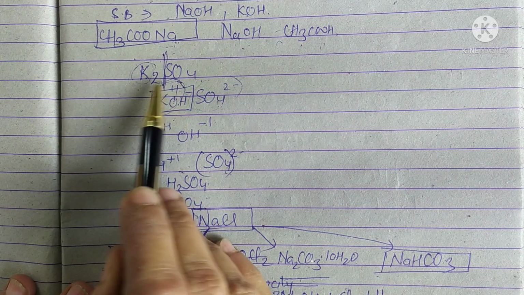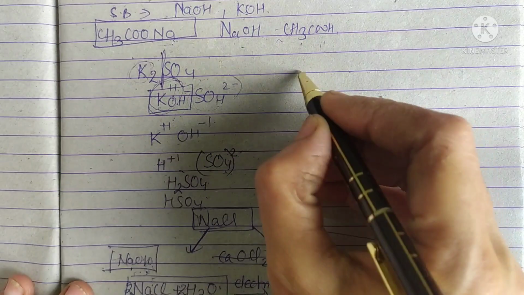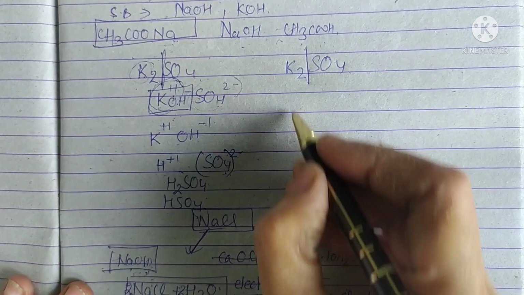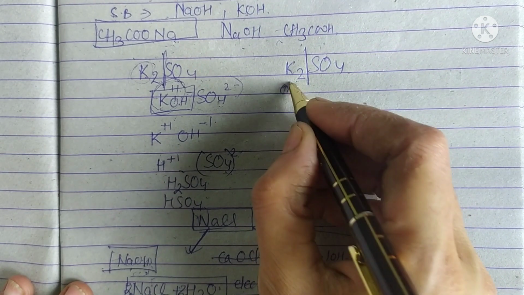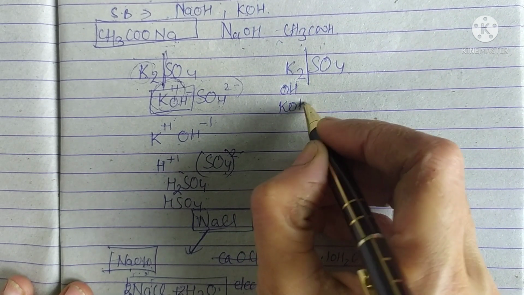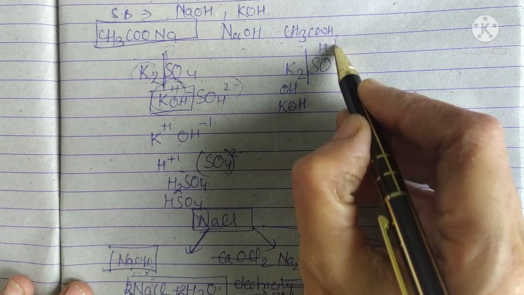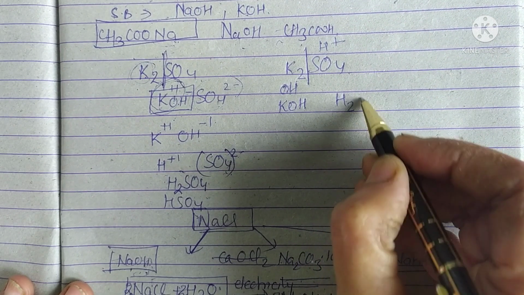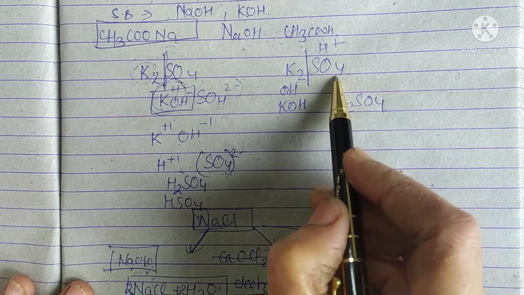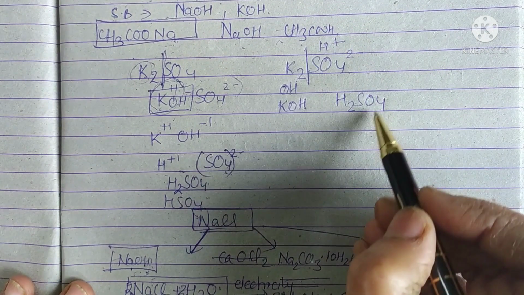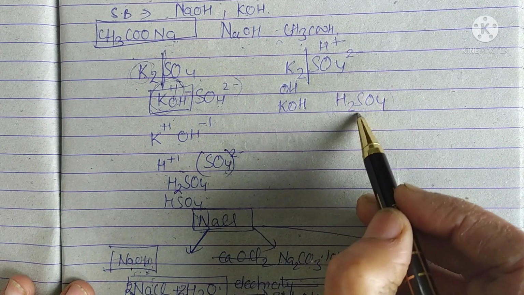K2SO4, suppose this is the salt. Split it into two parts. If we add OH to K, it becomes KOH. This is the name of the base and the formula. Add H+ here, it will become H2SO4. You can exchange the valency to make the formula. It has 2- charge, it has 1+ charge, so the formula of the acid will be H2SO4.